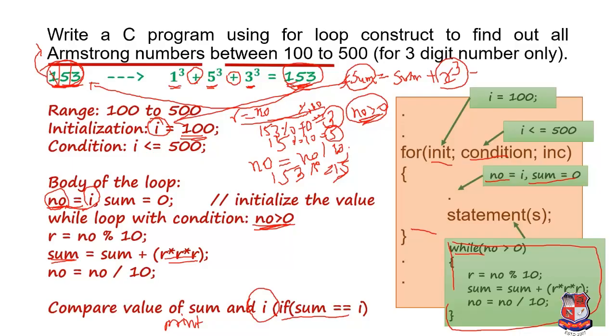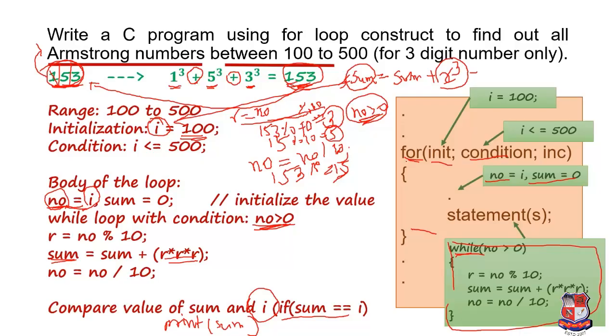Here our outer loop is a for loop and inner loop is a while loop. So I will print the value, and that value will be sum, or I.